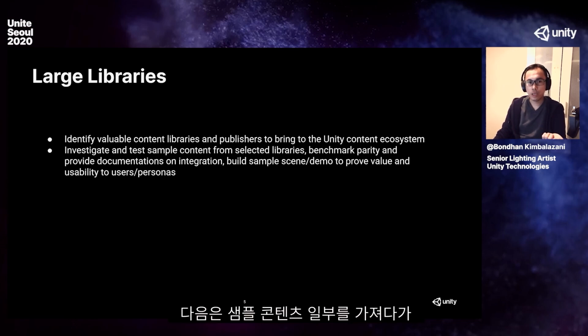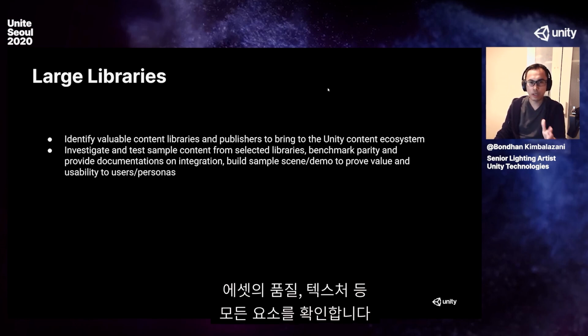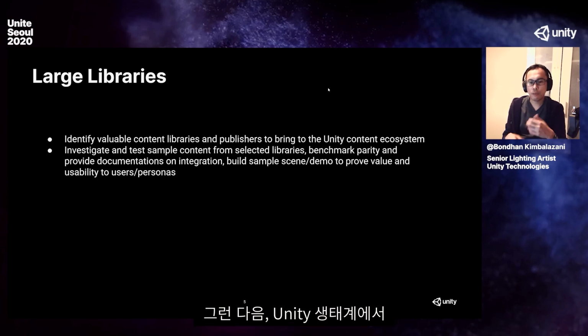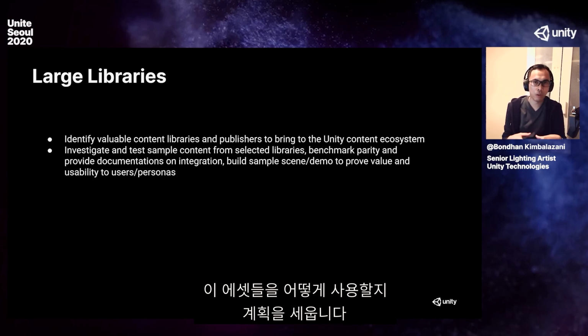The next thing is we take some of their sample content and do benchmarking. We see how the quality of the assets, the textures, and everything is, and then we provide documentation based on that, and we make a plan for what we need to do with these assets to work with the Unity ecosystem.